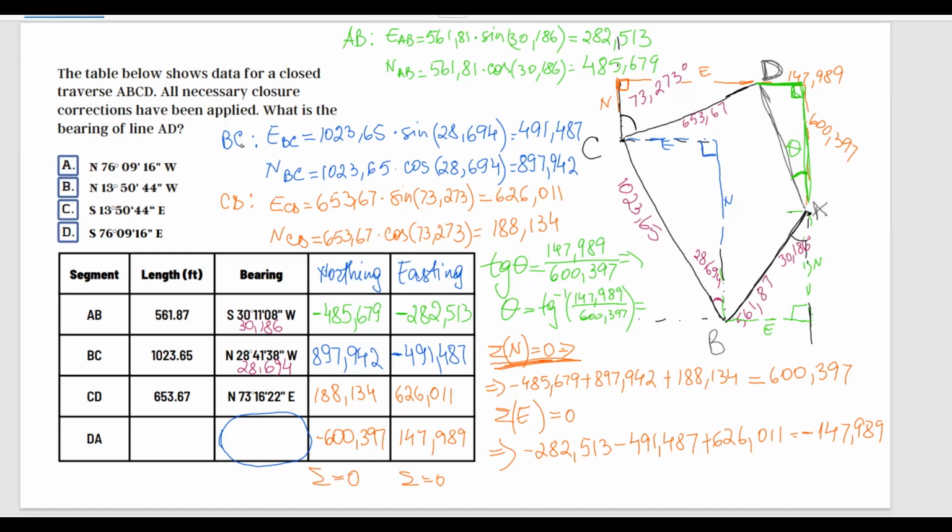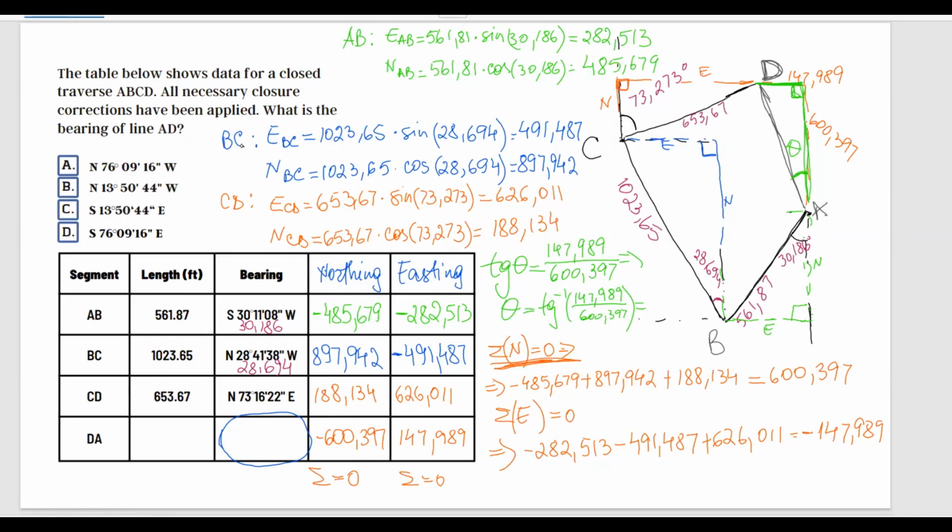I'll get 147.989, 600.397 divided. And now this value, I have to do arctangent of this value. So do this arctangent of that.